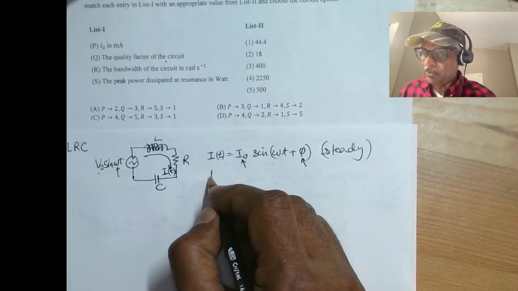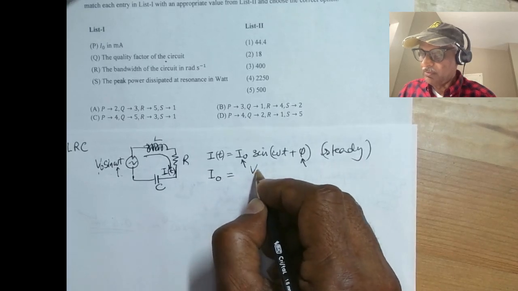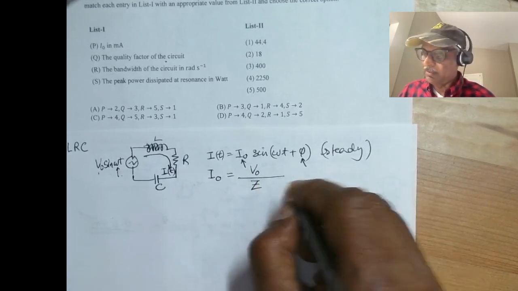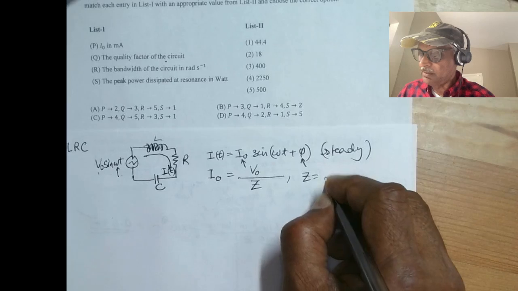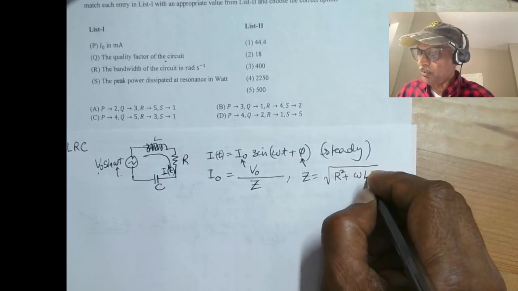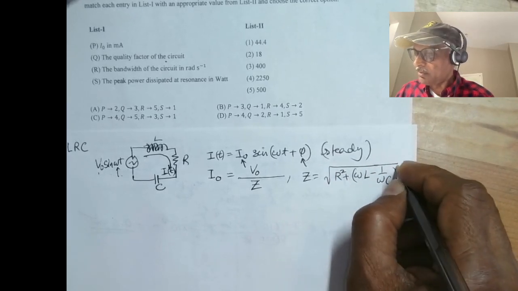I0 will be related with V0. I0 will be V0 over Z, and Z is the square root of R squared plus (omega L minus 1 over omega C) squared.